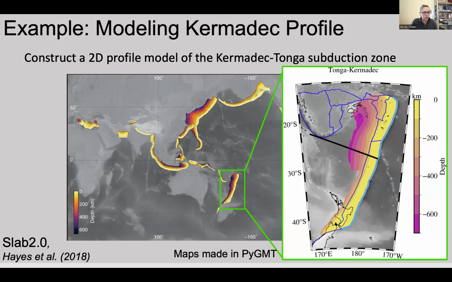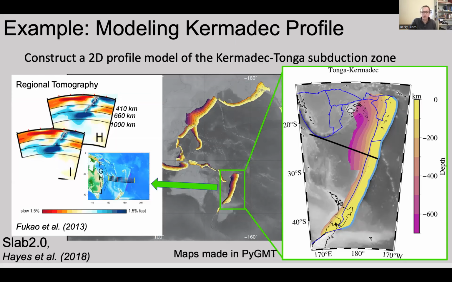So I choose a trench-perpendicular profile extending away from the Kermadec Trench. And you can see that the Slab 2.0 data in this region only goes down to just below 600 kilometers here. So I'm going to be supplementing the Slab 2.0 seismic data with some regional tomography to infer what that deeper slab geometry is.